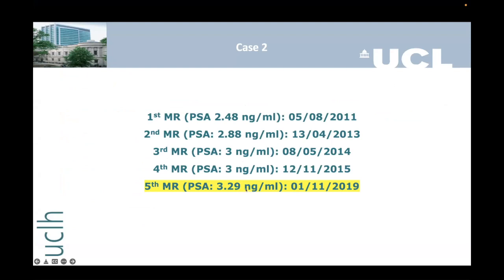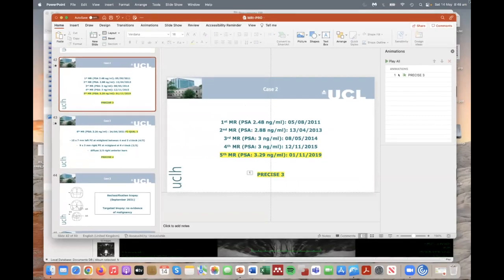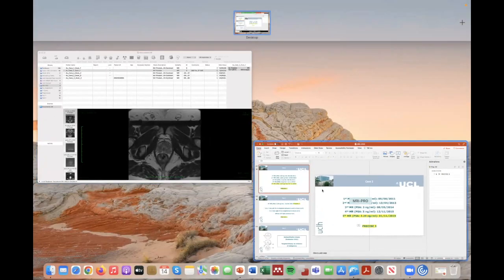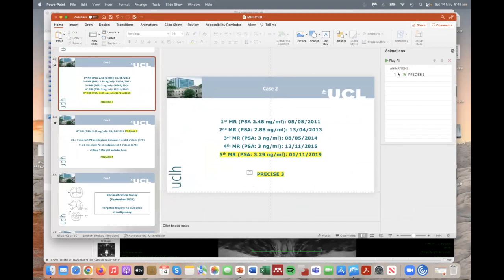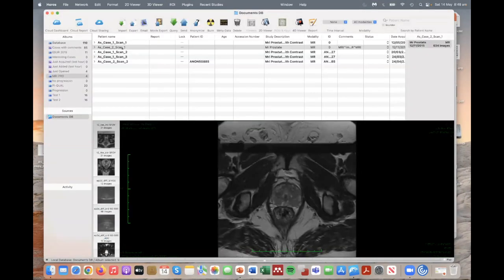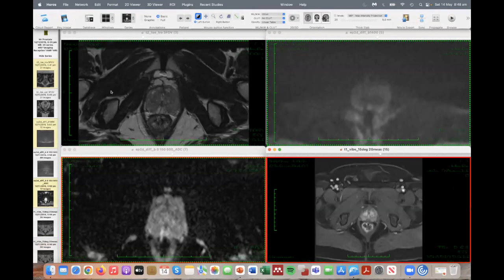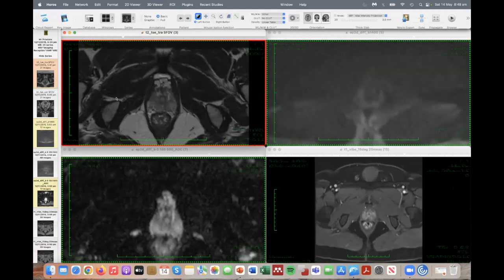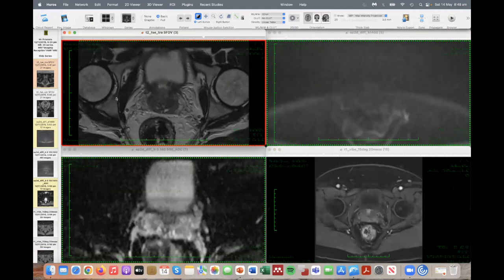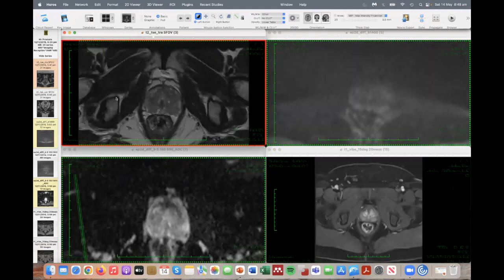So we will have a look at the MRI from 2019, because all of these scans were scored PRECISE 3, so there was no radiological change over time. So what we can see here, so this is a 1.5 Tesla study.